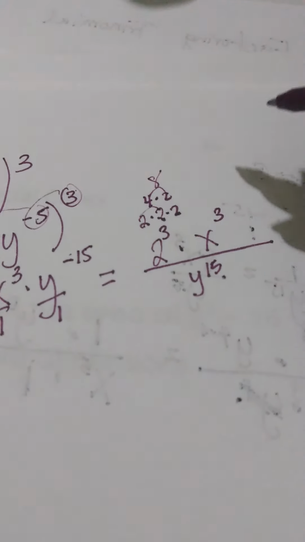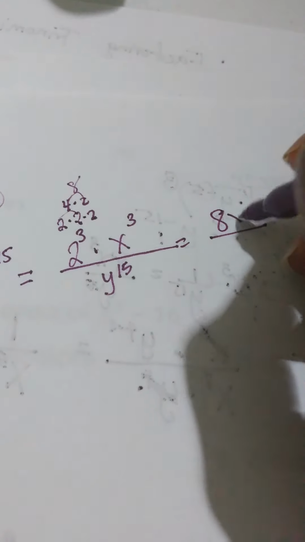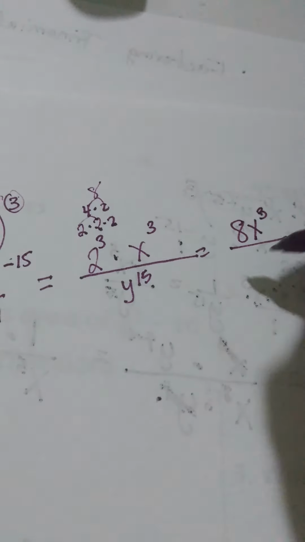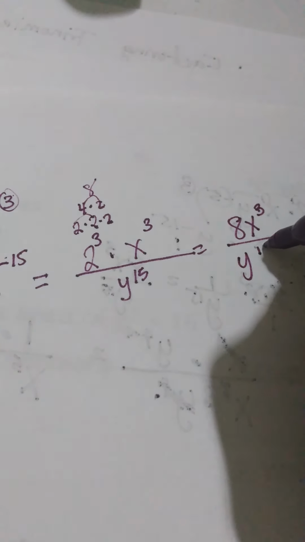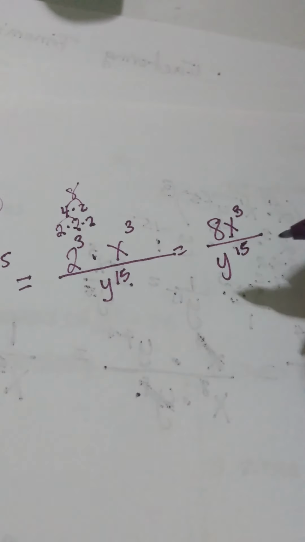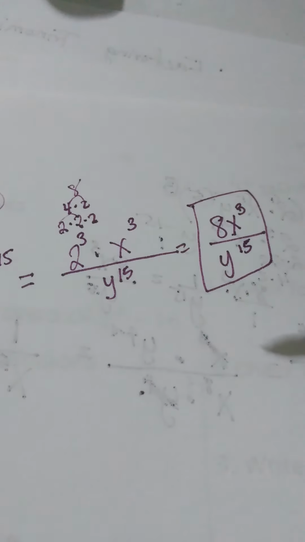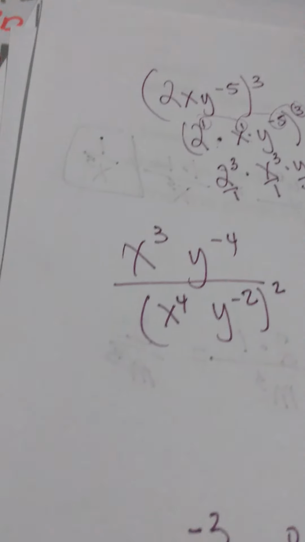So at the top, I will have 8 x cubed, and at the bottom, y to the 15th. That's my final answer because these two are not the same base, so there's nothing more that I can do. Okay? Let's look at example 2.